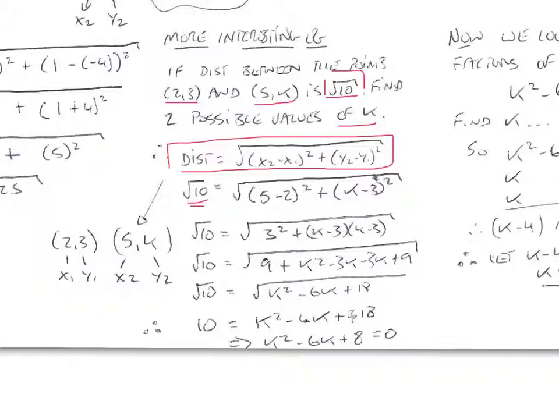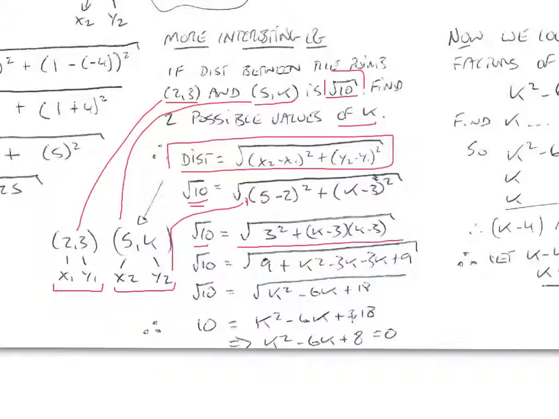If we take our 2 points 2, 3 and 5, k, and we nominate them x1, y1, x2, y2, and fill those into our equation here, we will end up with something like root 10 is equal to the square root of 3 squared plus (k minus 3) times (k minus 3).